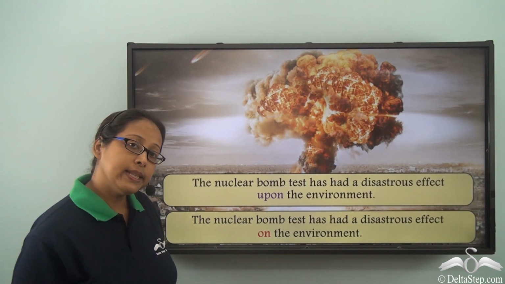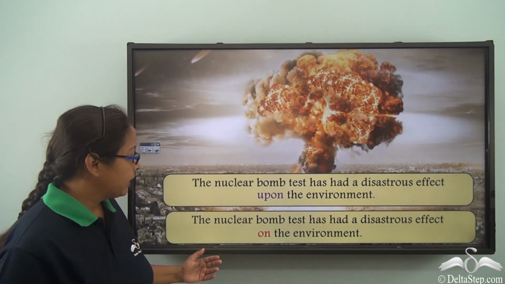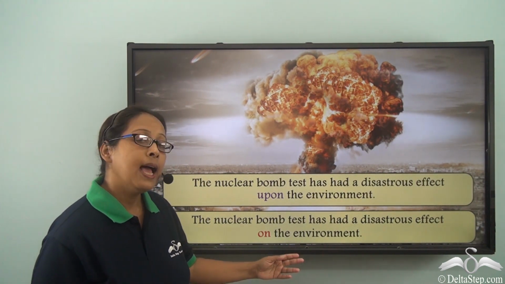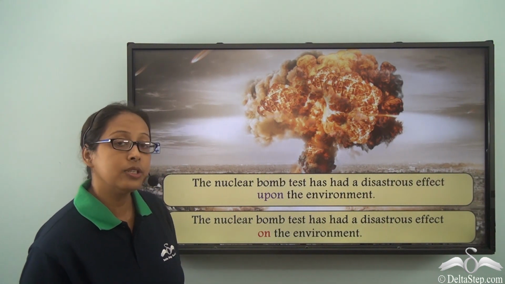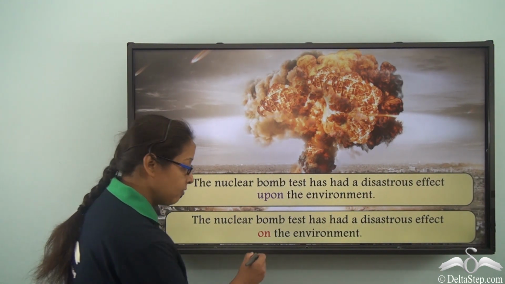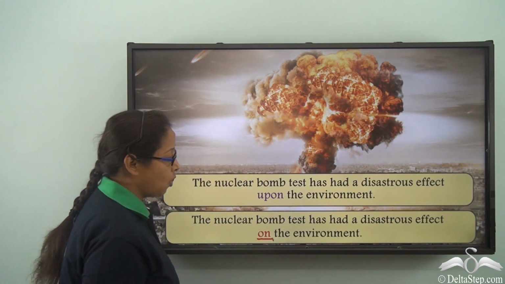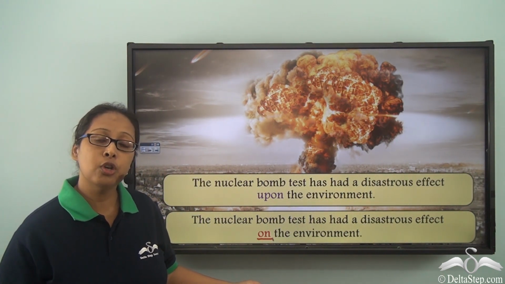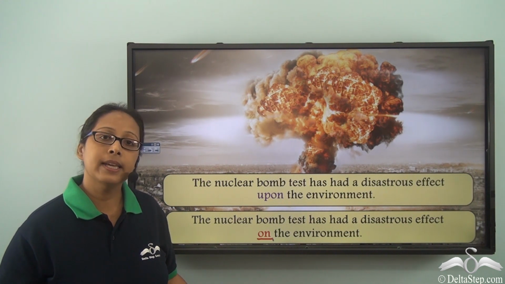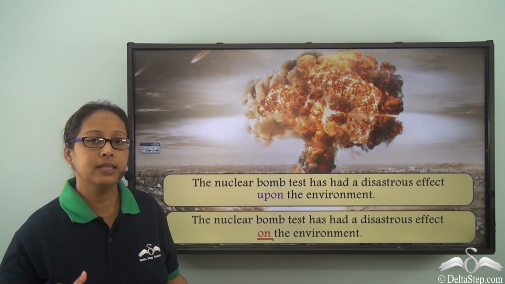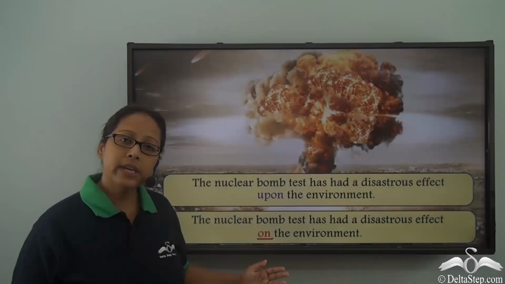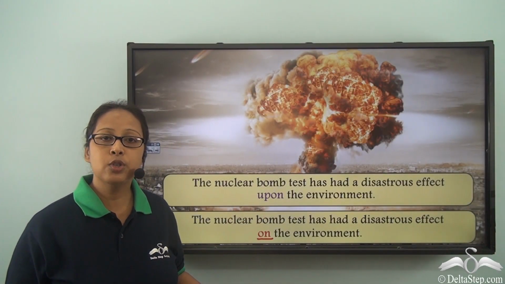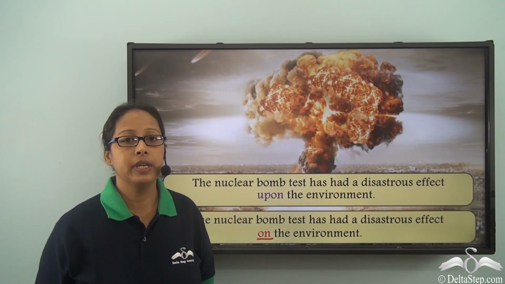We can also say this in another way. The nuclear bomb test has had a disastrous effect on the environment. So, what do we mean when we use the preposition on? We mean the same thing. We mean the result it has produced. So, we can see that both these prepositions have the same meaning.